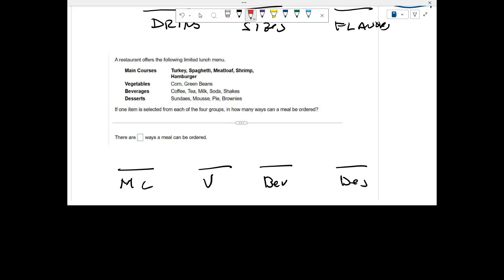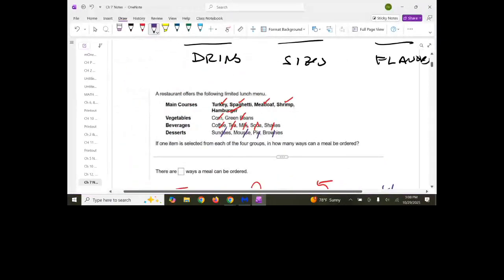Okay, so main courses, y'all, I'm just going to count them. 1, 2, 3, 4, 5. There's 5 main courses. Vegetables, you got corn or green beans, okay? Beverages, you got coffee, tea, milk, soda, and shakes. That looks like 1, 2, 3, 4, that looks like 5. And desserts, you can take a sundae, a mousse, pie, or brownies. There's 4 of those. All righty, y'all.